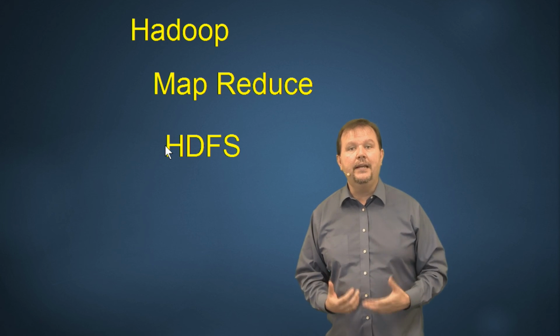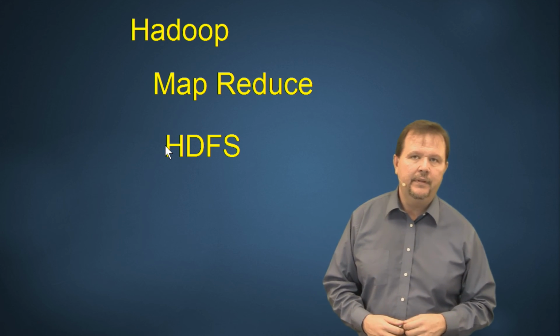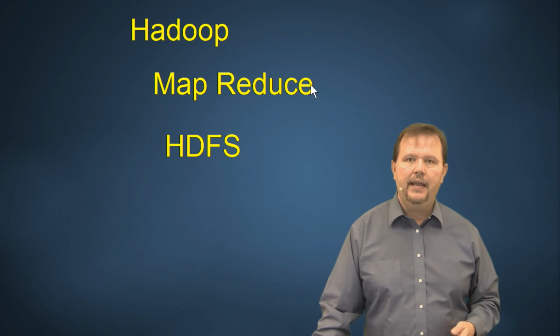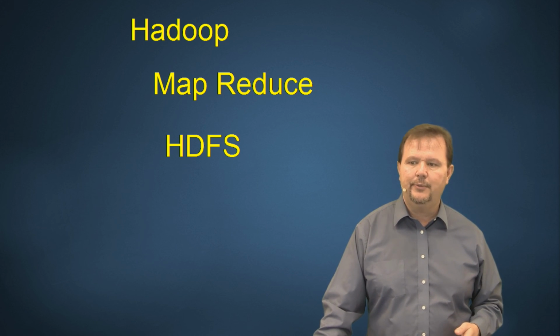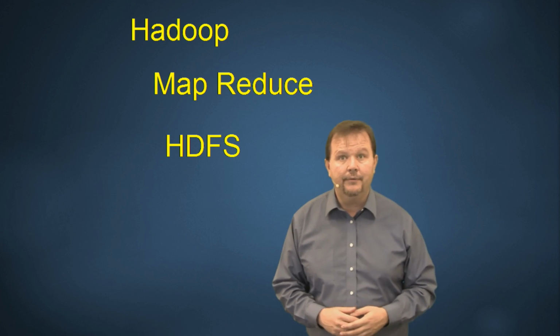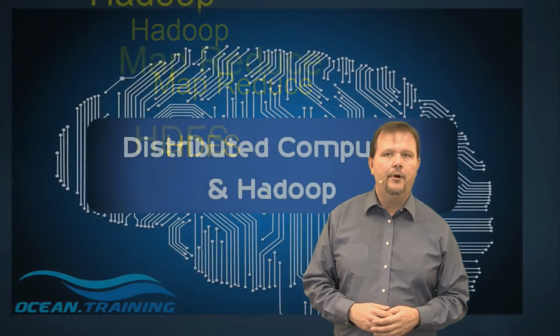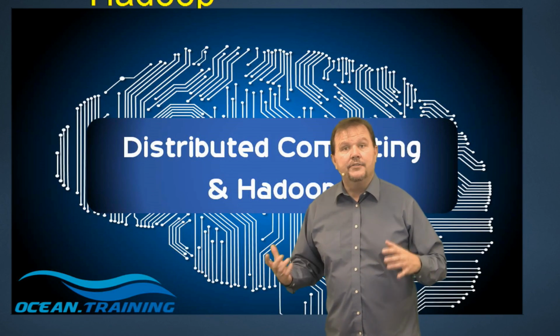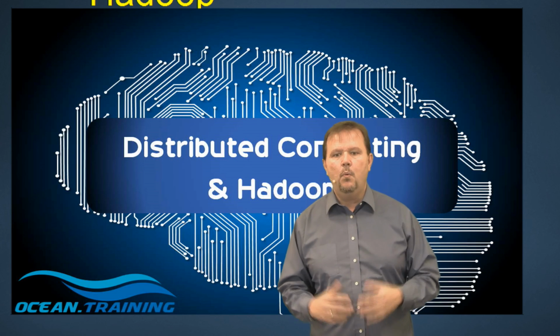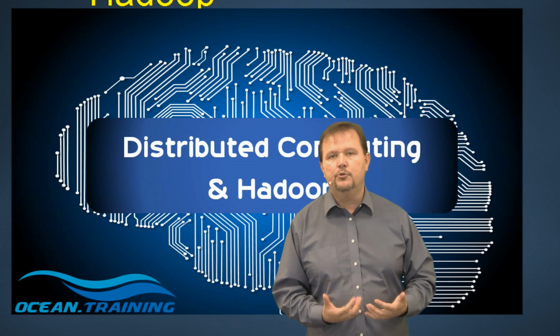And really have incredibly high input-output. So what we're able to do in distributed computing, and like I said, Hadoop is a very popular solution for big data, is take a bunch of regular computers and effectively turn them into one giant virtual computer.